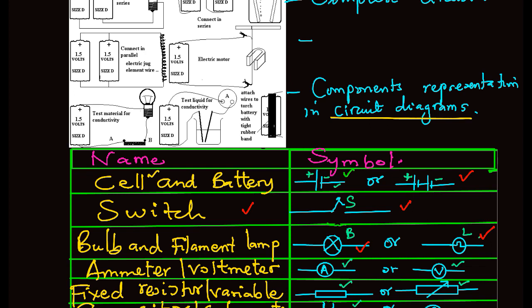So when charges flow in a circuit, we call it current. We measure that flow or amount of charges flowing using a device known as an ammeter. The symbol is as shown in the diagram.